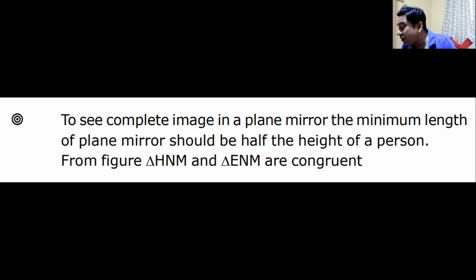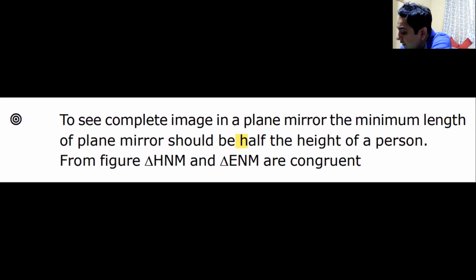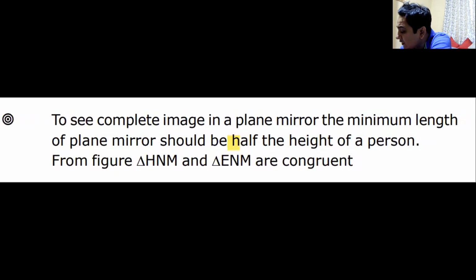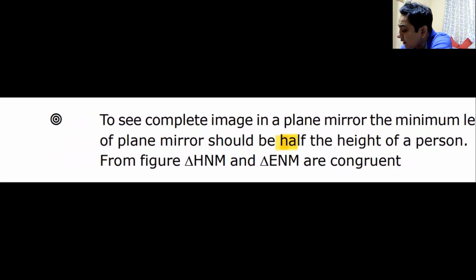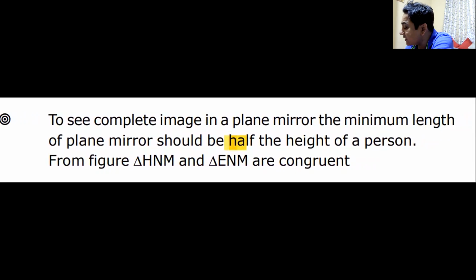So the minimum length of the mirror to see your full image is always equal to half of the height of the person, and you will remember it in that way, nothing else. Do we understand this?